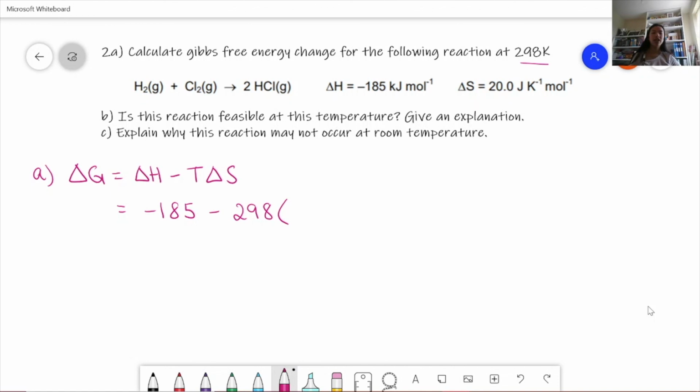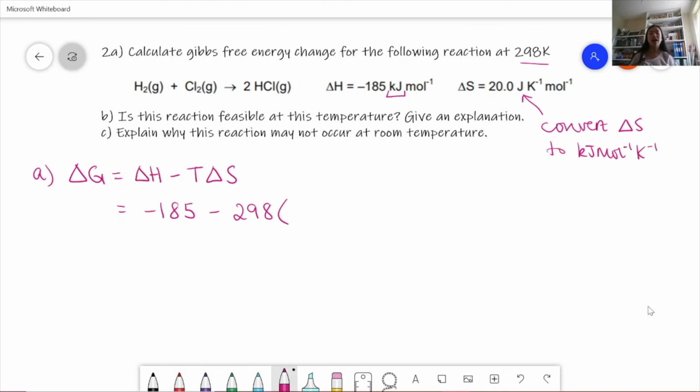Now the entropy change, you have to realize, is measured in joules per Kelvin per mole, and delta H is measured in kilojoules per mole. So we always need to convert the delta S. We convert this delta S to kilojoules per mole per Kelvin.